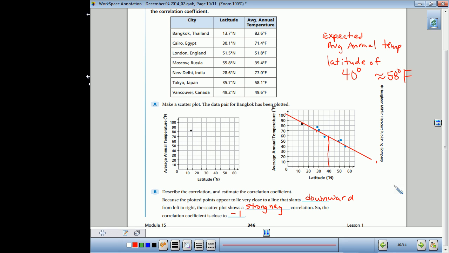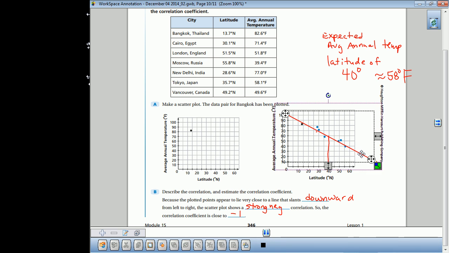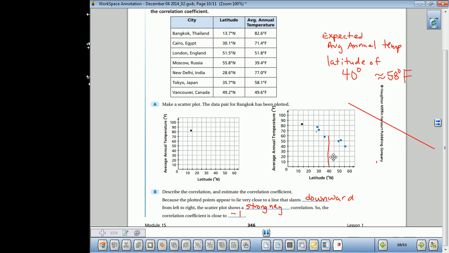Now, is there another way to come up with something here other than just sketching it in? What do you think? We could take two of the data points we are given that look like they're really close to making a line, like two that are kind of in the middle, like this point right here and this point right here, and find the equation that goes through those two.